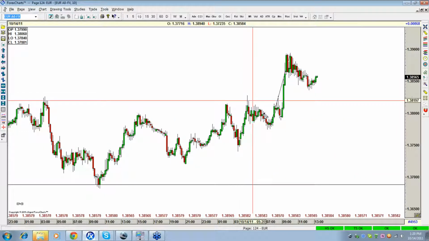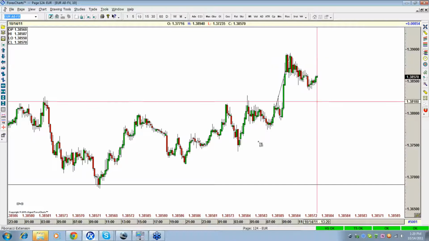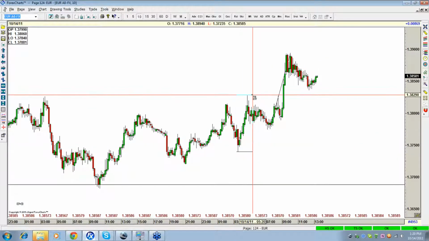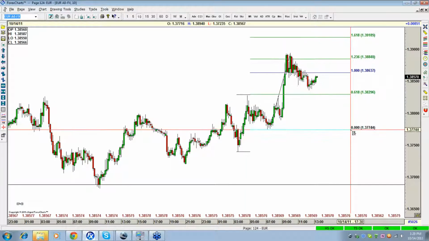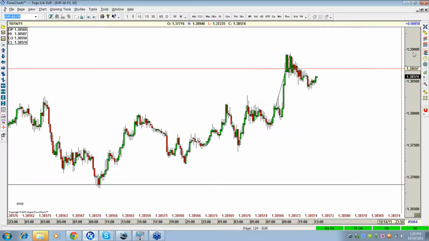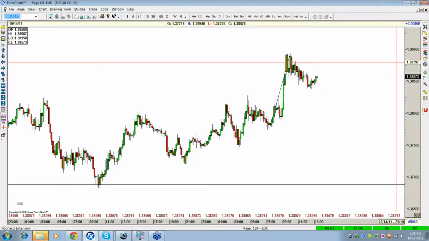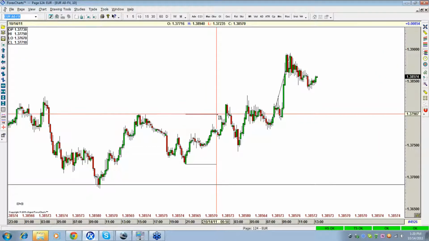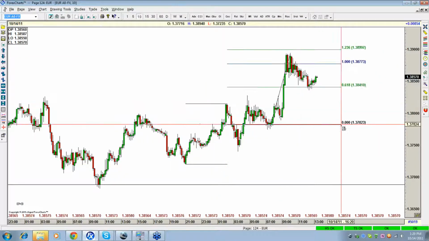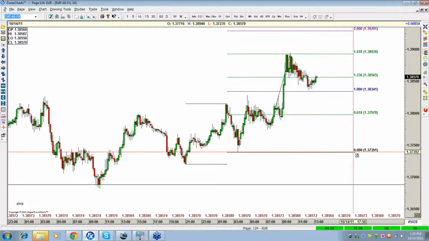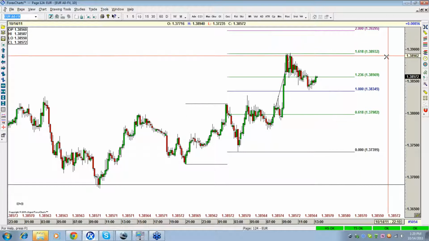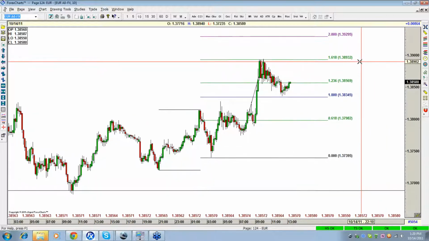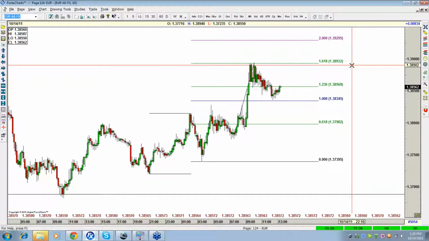Now we have 1, 2, 1, 2. We're going to make a new high related to this that should come around 139.20, which is going to make it either a top or a wave 4.